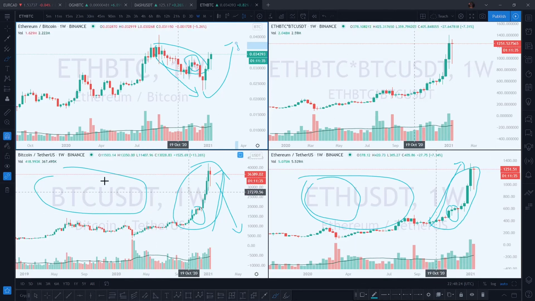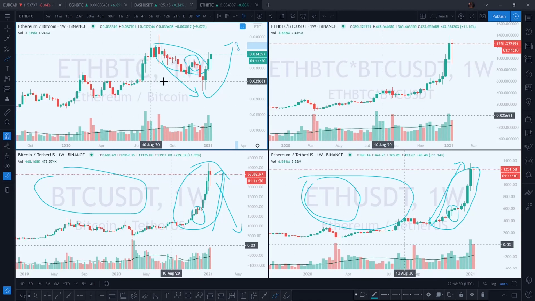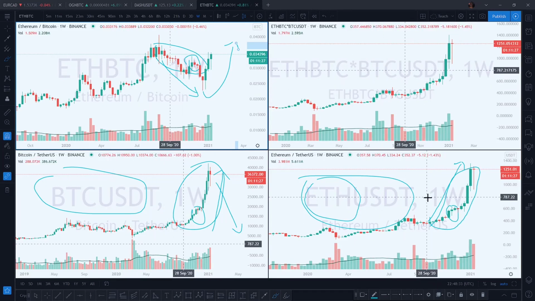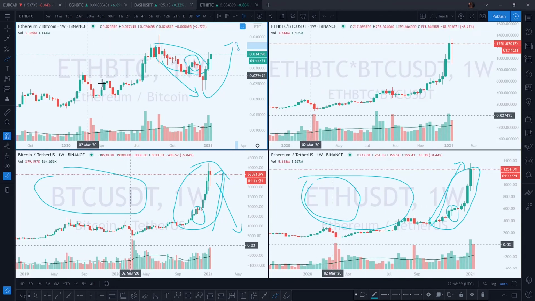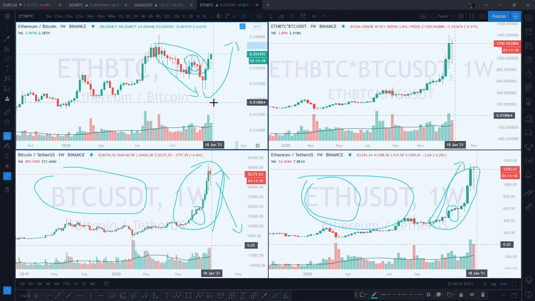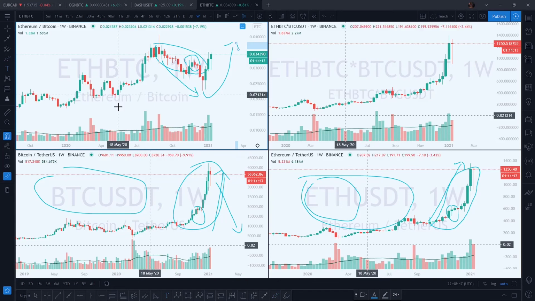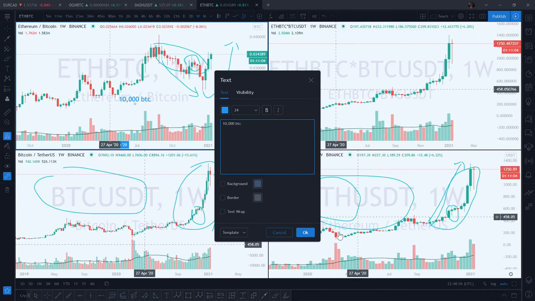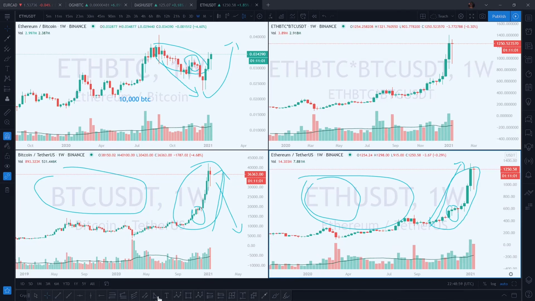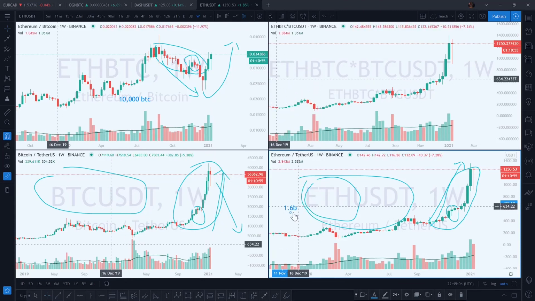In both ways, we want to see what BTC USD is doing and what the ETH BTC is doing. But most times, because now the volume on USDT pairs is a lot higher than on the ETH BTC pairs, as I am looking right now, I am seeing the ETH BTC pair is having 10,000 plus BTC in 24-hour trading volume on Binance, whereas I'm seeing the ETH USDT pair to be 1.6 billion in 24-hour trading volume.